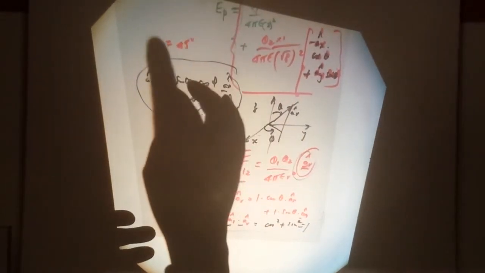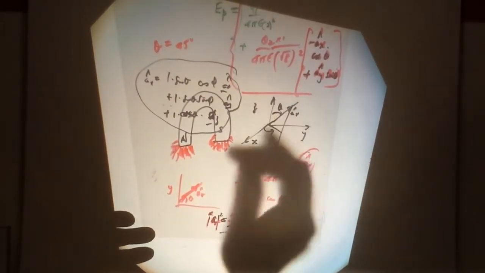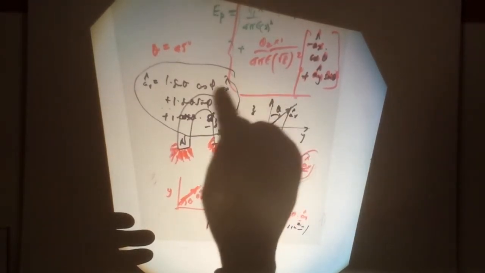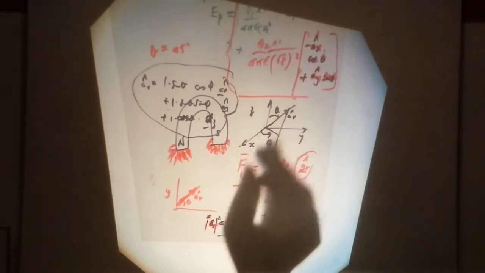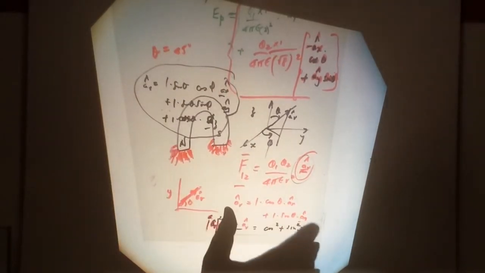Okay, so in the 3D dimension, it is 1 sin theta cos phi along X, 1 sin theta sin phi along Y, 1 cos theta along Z. That's it. You can check the unit vector is 1. You take a_r dot a_r, you find it is 1. Okay, this one is for this research.